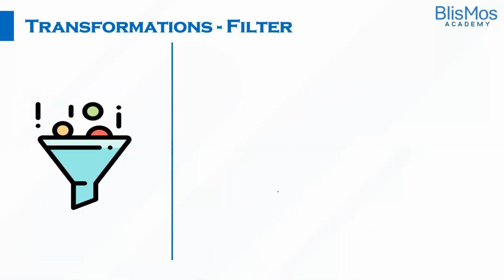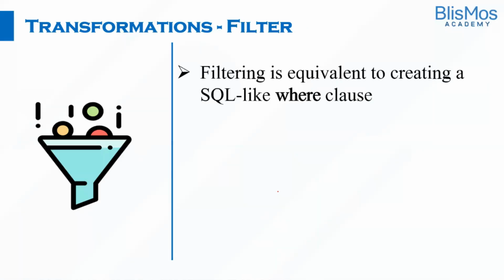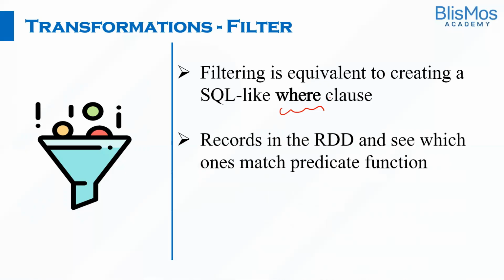The next one is the filter. It is again an intuitive function. Filtering is almost equivalent to creating a where clause. We have seen that as a part of the data frames as well. When you specify a filter, you can look through the records in the RDD and see which one matches that predicate function.